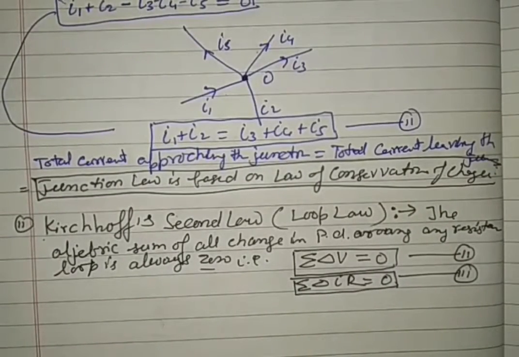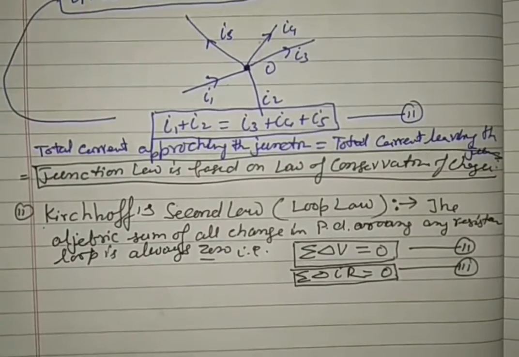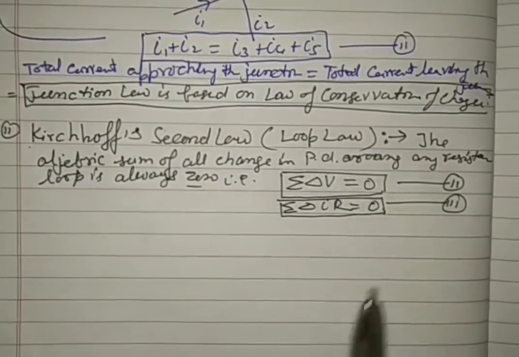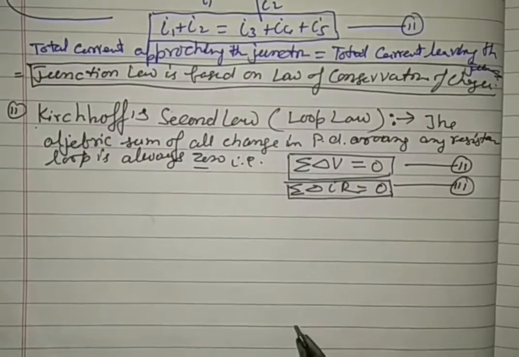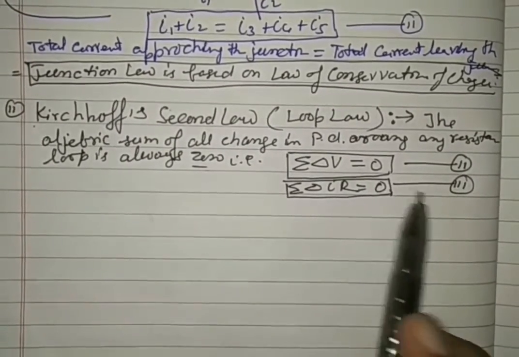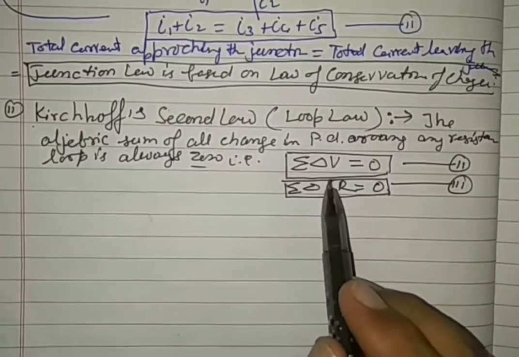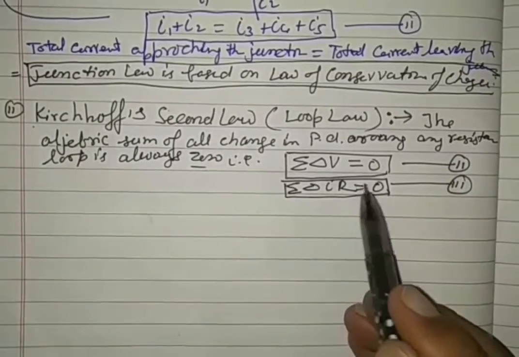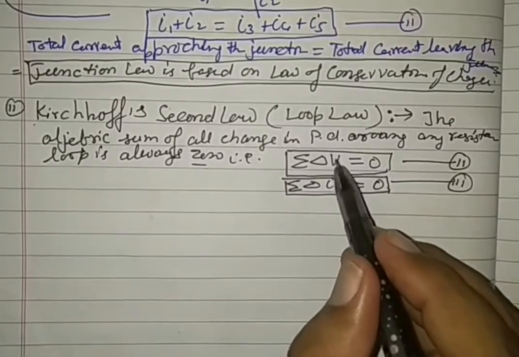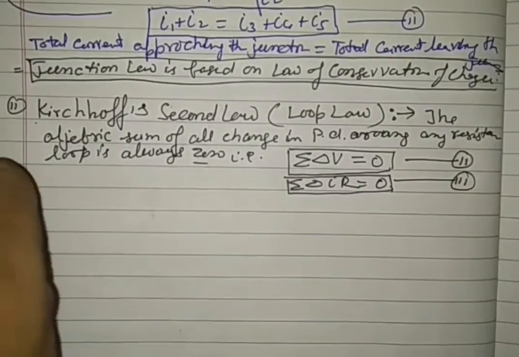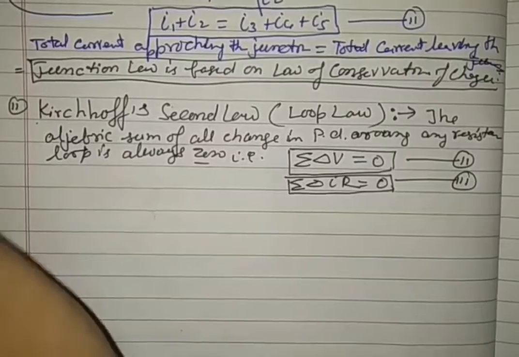So here are two equations which represent the statement: in any closed circuit in which resistance is available, the total sum of all potential difference changes is 0. Since potential difference is treated with sign, its algebraic sum is taken into consideration.